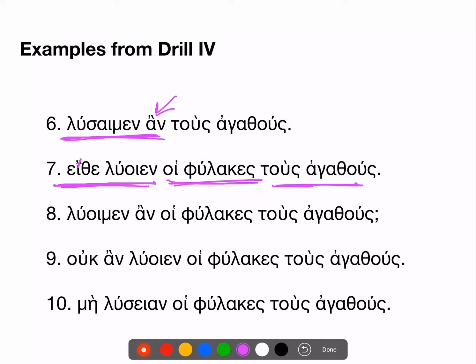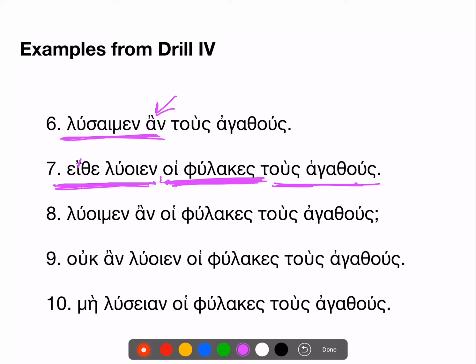So this has got to be an optative of wish again. So how about if only the guards were freeing the good men? Or I wish that the guards would be freeing the good men. Okay, may the guards be freeing the good men. How about that?